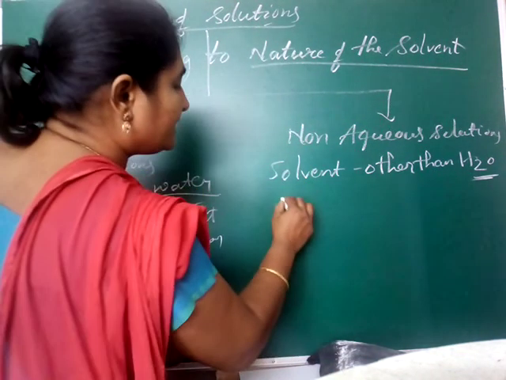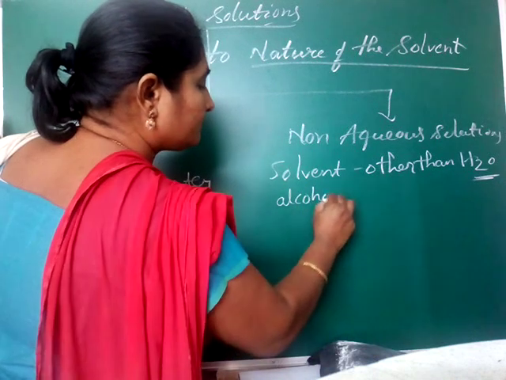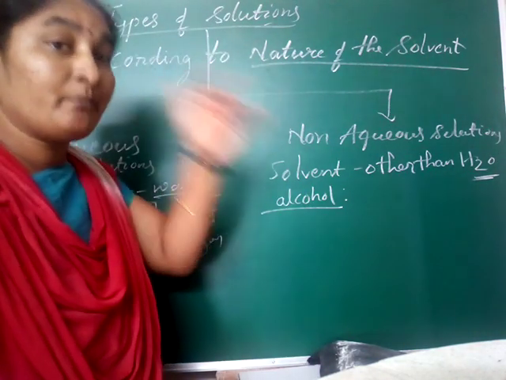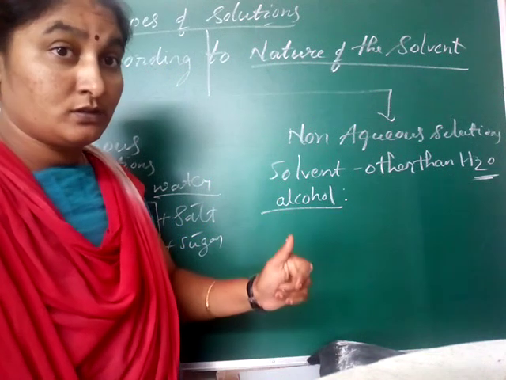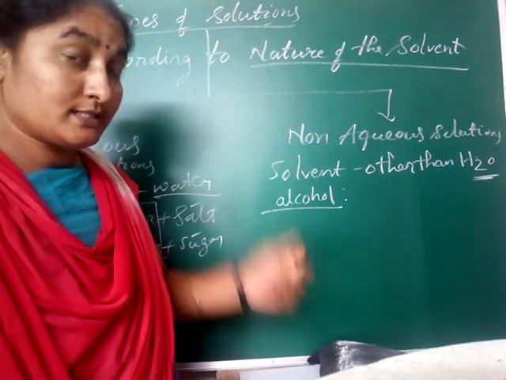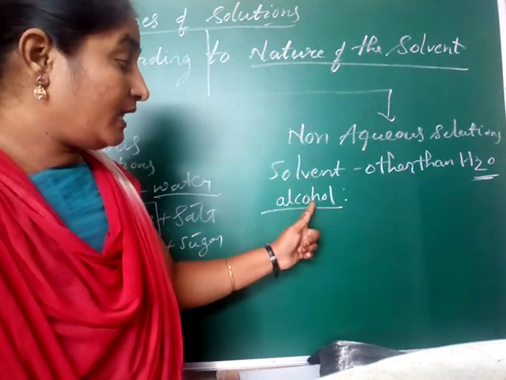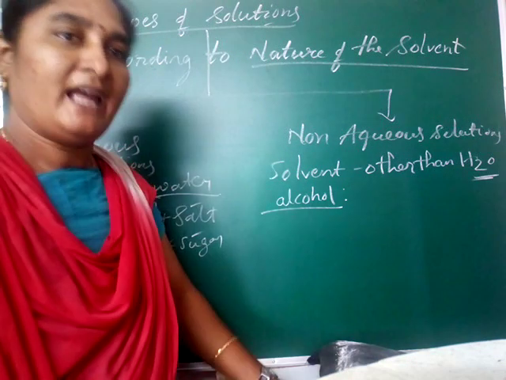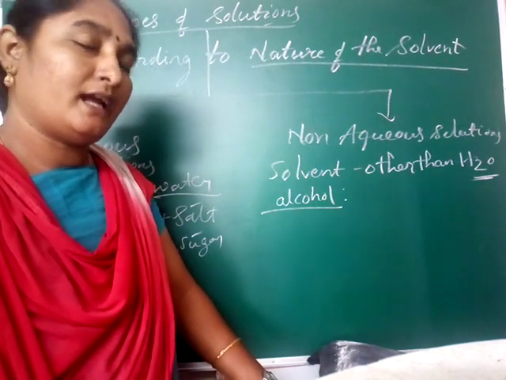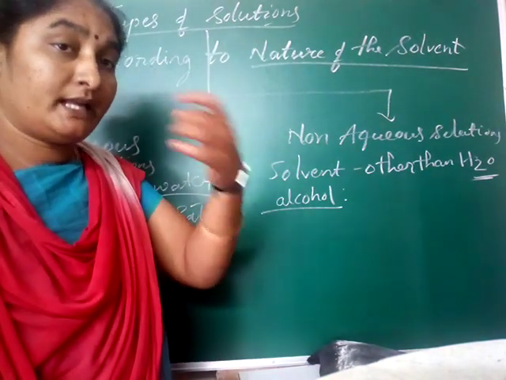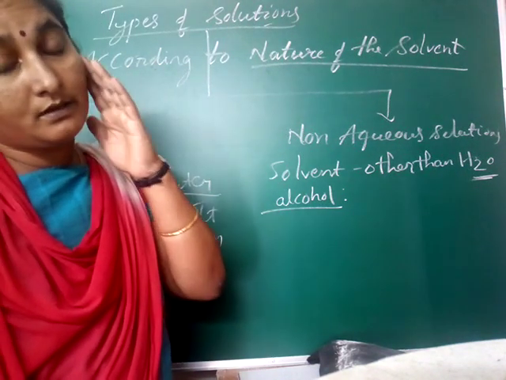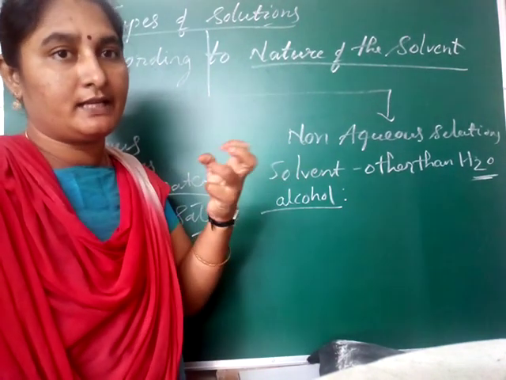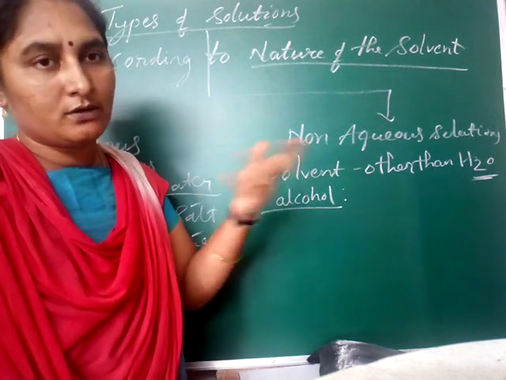A good example for this one is alcohol. Alcohol is taken as a solvent. Where, madam? We are having some doubts now. Is there any such solution? Yes. Alcohol is taken as a solvent when you are making tablets, headache tablets. That's why when you take the tablets, you get some anesthesia-like sleeping nature, and we go to bed.